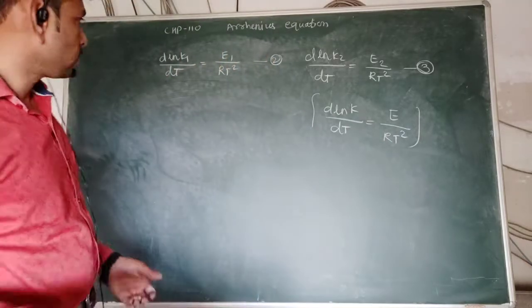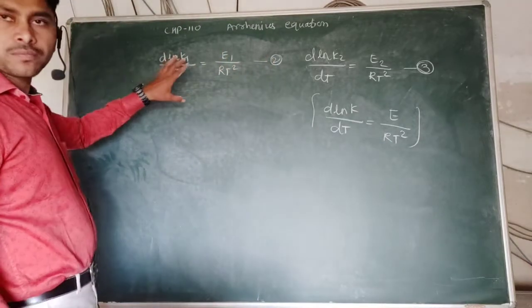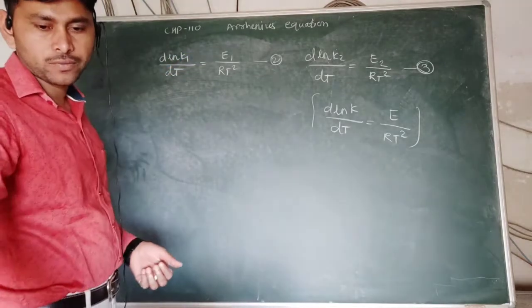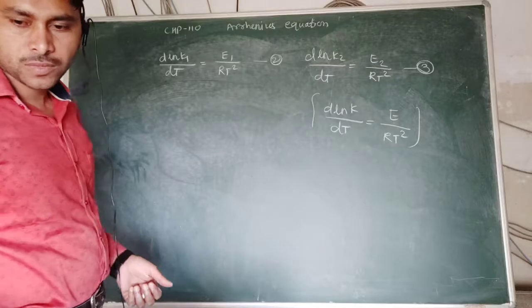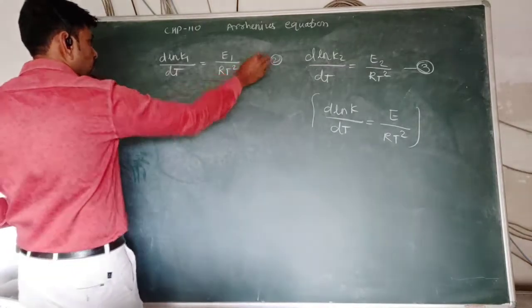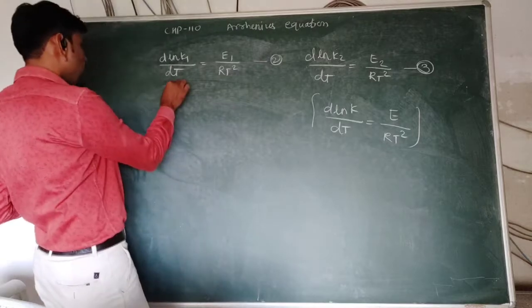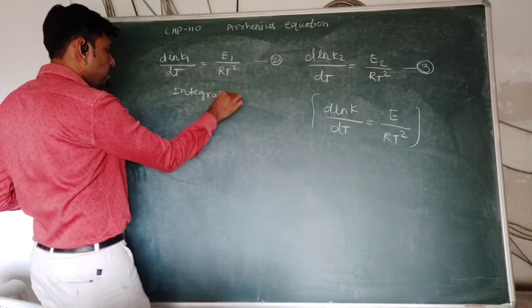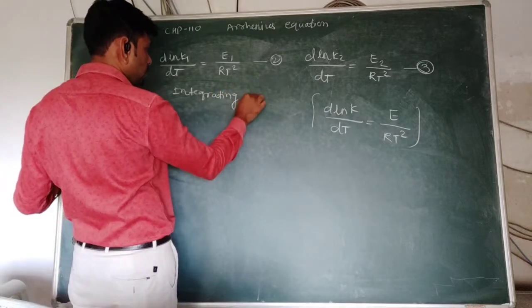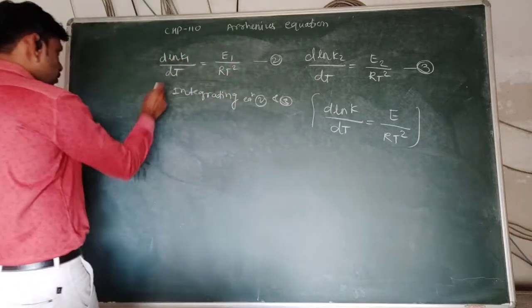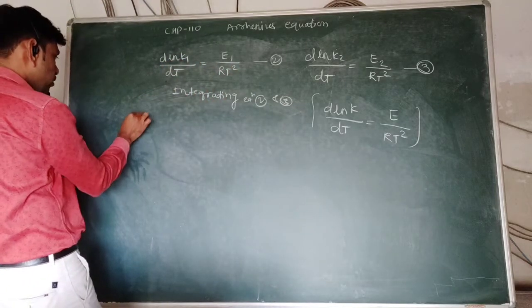Now this equation, the Arrhenius equation, we can write in another form. Suppose we integrate equation 2 and equation 3. Initially we rearrange the equations.